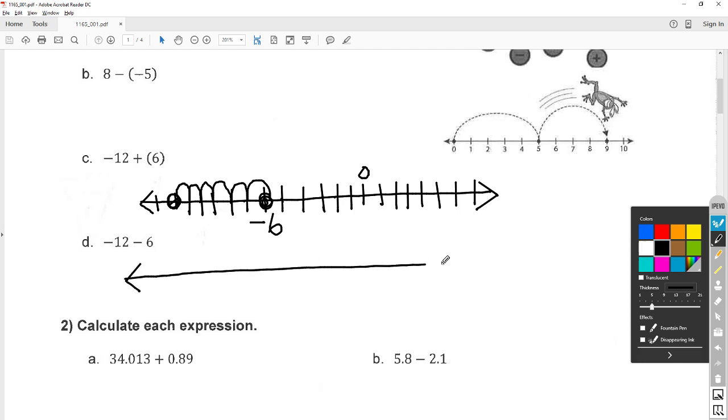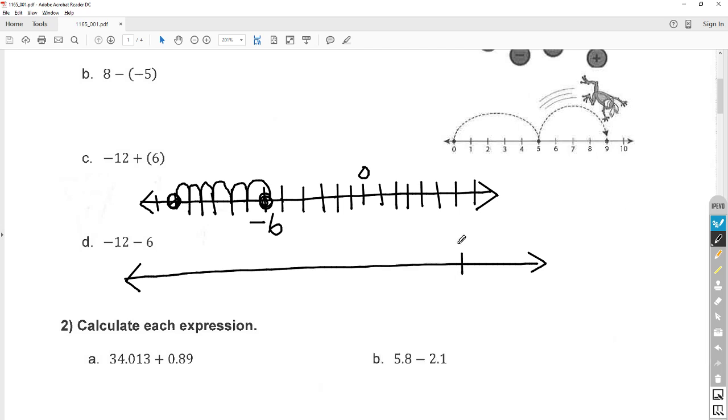same thing. So I'm going to make a slightly bigger one. I'm going to need more negatives. Okay, that should work. So I'm starting at negative 12, so let's count. 1, 2, 3, 4, 5, 6, 7, 8, 9, 10, 11, 12.